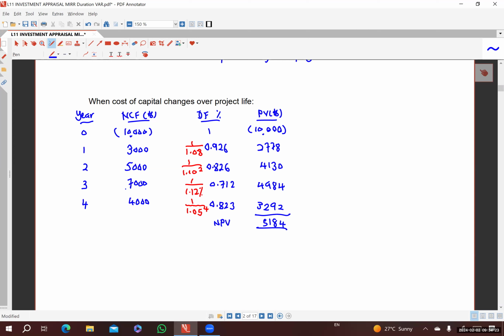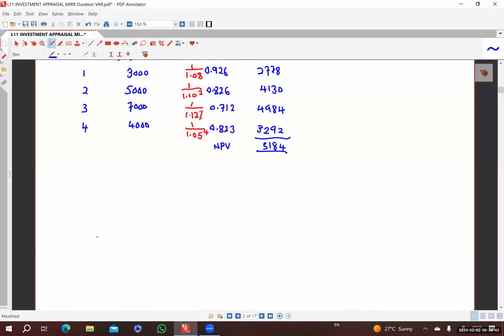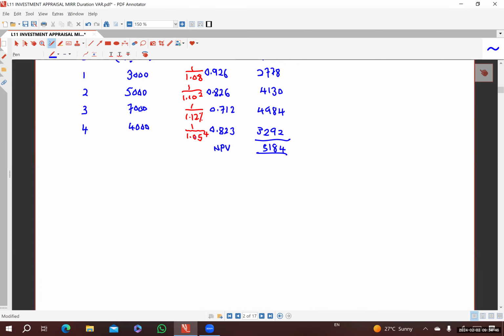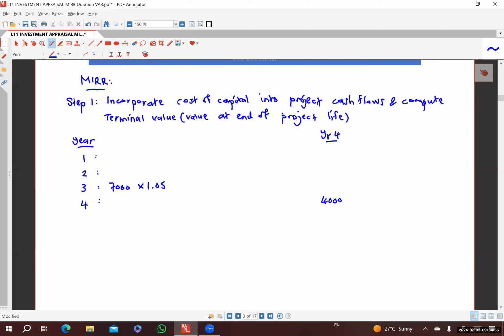Then after you receive this 7,000, you reinvest this money in year 4, and in year 4, you have a return of 5%. Cost of capital is the required return. So if you compound this forward by 5%, you will get 7350. That's called terminal value.